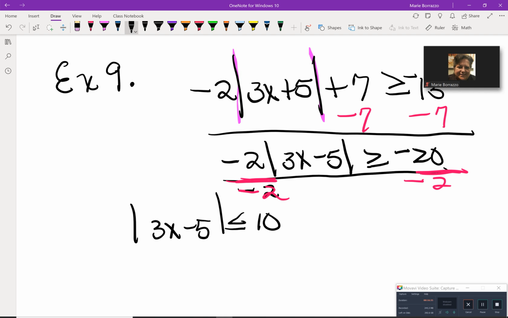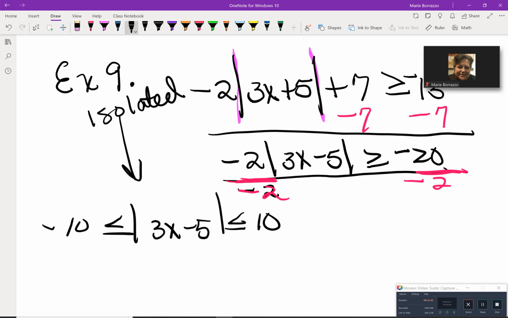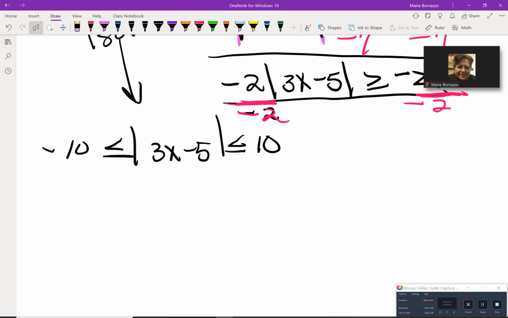Remember, you're dividing by a negative, so flip the inequality. Now that I'm isolated on a desert island all by myself, I can now do less than or equal to 10 and greater than or equal to -10. Notice the inequality is always faced in the same direction, so that should make it easy for you to remember.